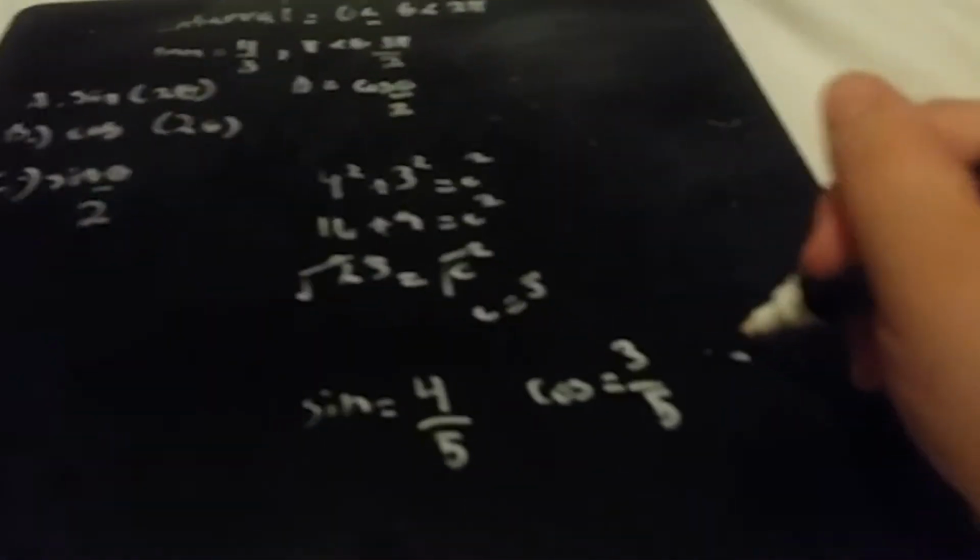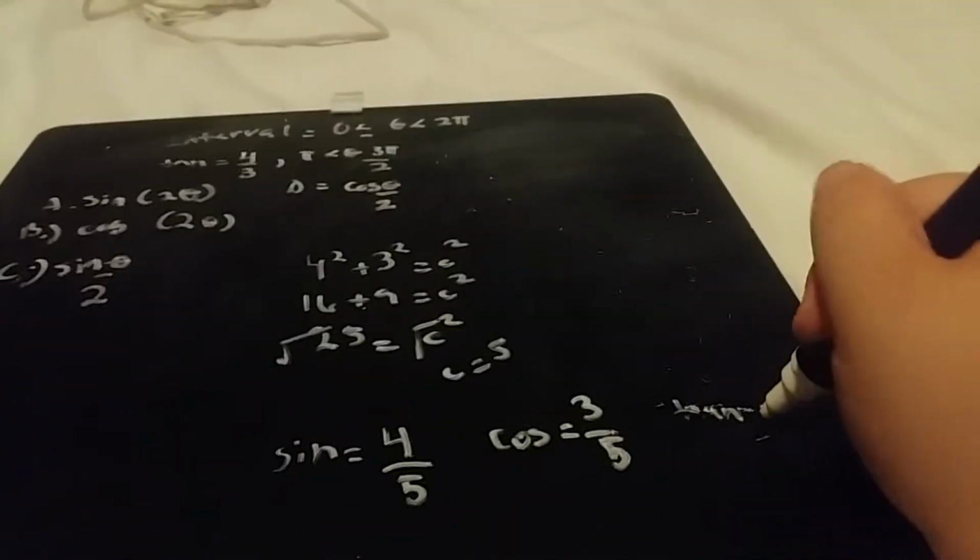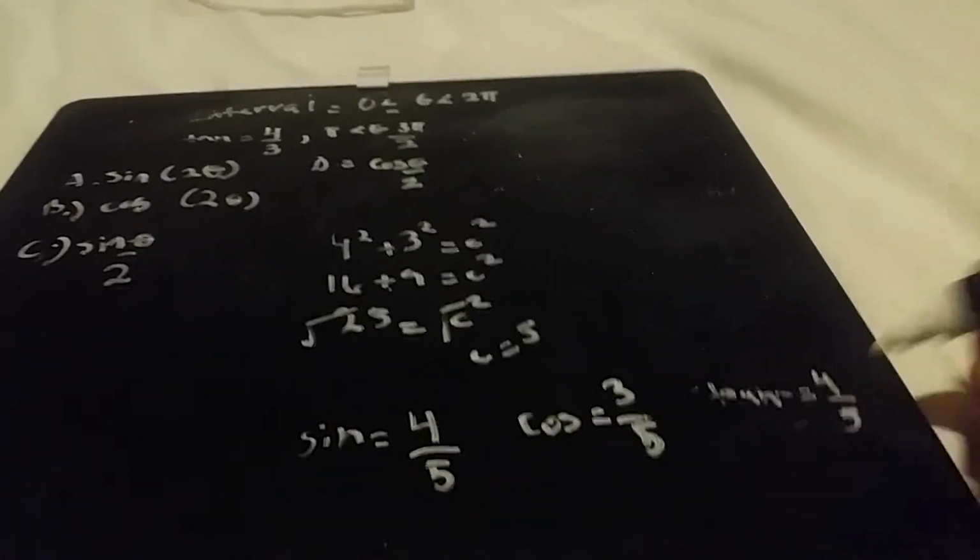So I'm going to put everything into place now. Let me fix this on the bottom. Tangent is equal to 4 over 3.